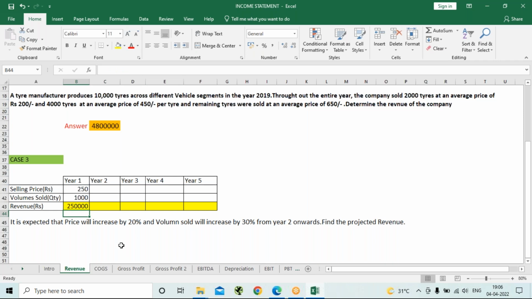Now here it says it is expected that the price will increase 20% and volume will increase 30% from the second year onwards. How do I calculate this? In year 1 it is 250. If there is an increment of 20%, what could be the year 2 selling price? Can you calculate it and let me know the value?